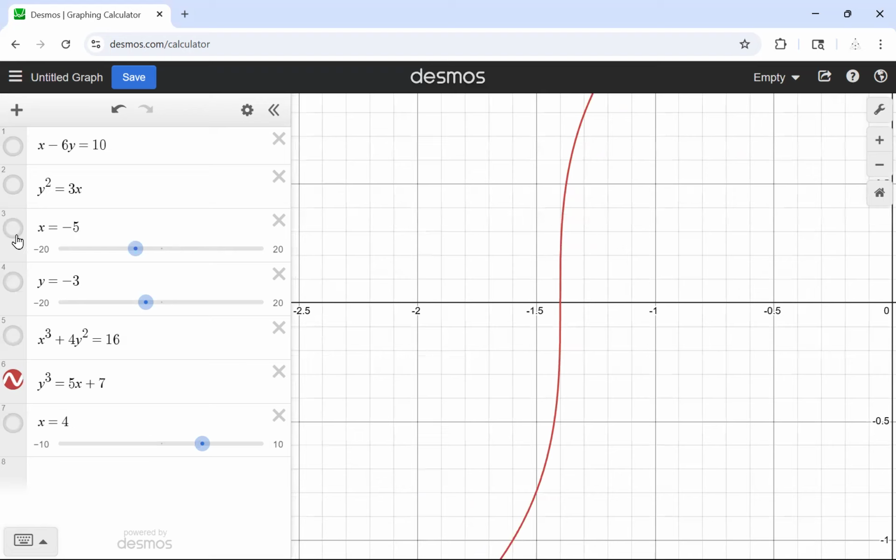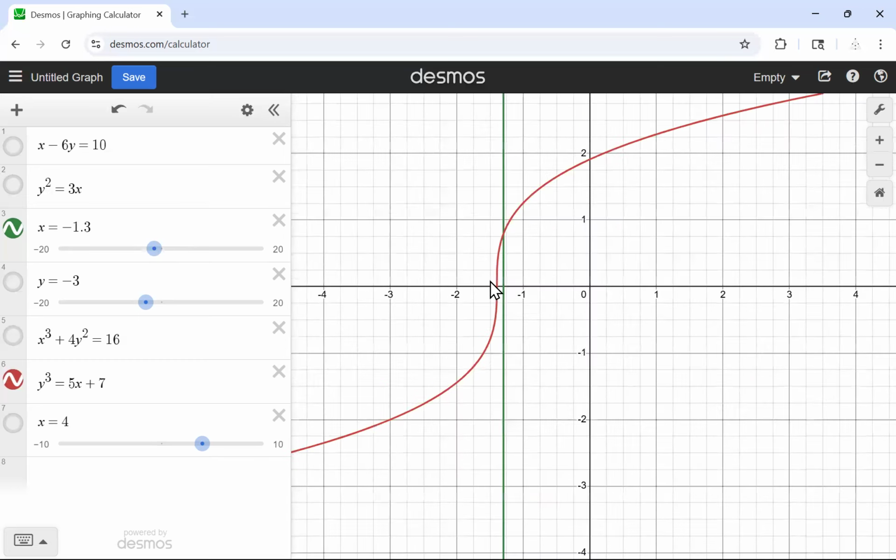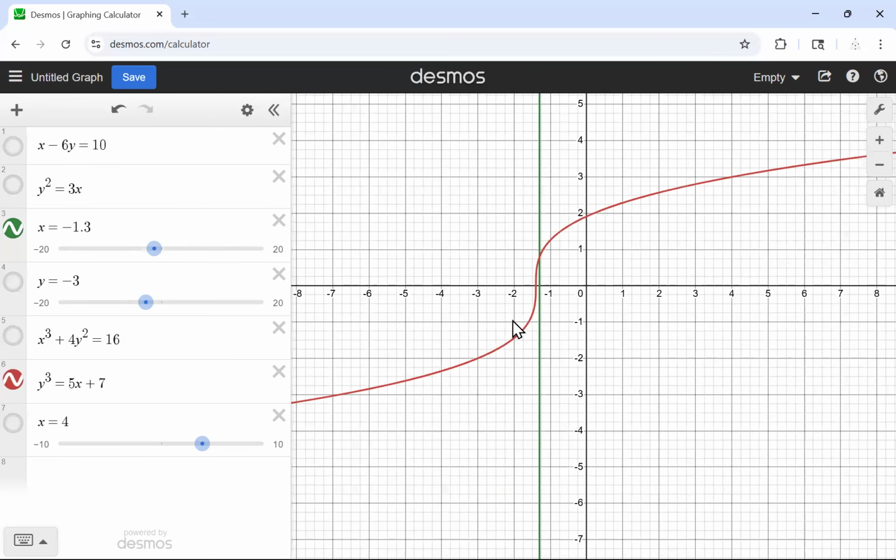So no matter where the vertical line is, you're technically only crossing at one spot. I know that might be hard to see there, but you only cross at one spot no matter where you're at. So that one is a function. It's got a little curve to it, but it is a function.